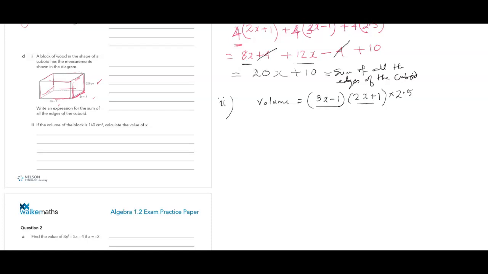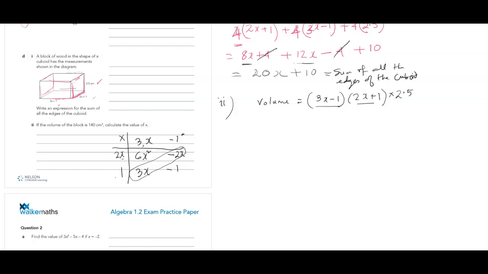I've found some of the students are still struggling with expanding. So you go 3x minus 1, a pretty basic sort of multiplication table, and that makes it easier. 3x times 2x is 6x squared, and that'll be negative 2x, and that'll give me 3x, and these two will give me negative 1.